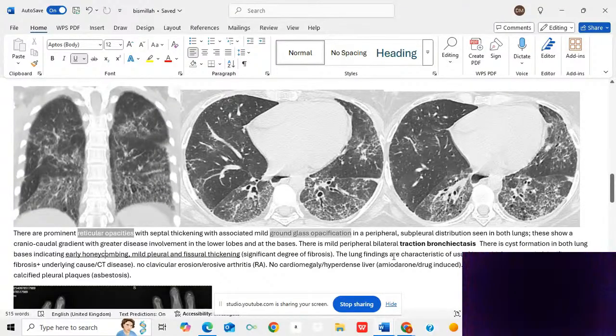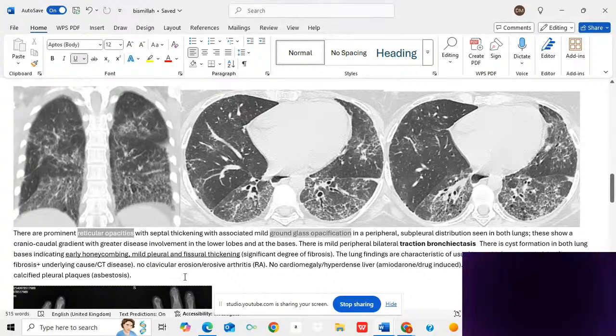The lung findings are characteristic of usual interstitial pneumonia. It's not non-specific interstitial pneumonia. It's usual interstitial pneumonia, because there is evidence of significant degree of fibrosis with an underlying cause, which is the connective tissue disease. Let's search for other connective tissue diseases.